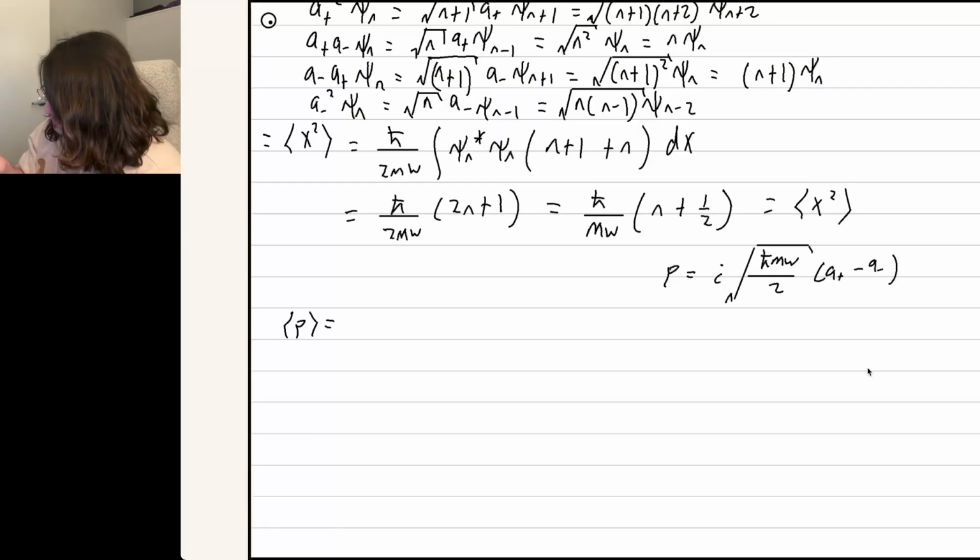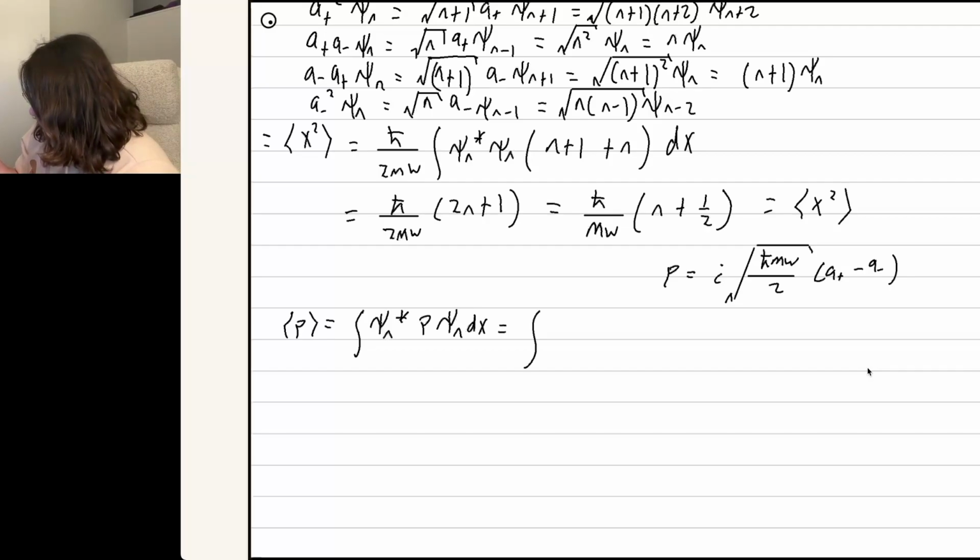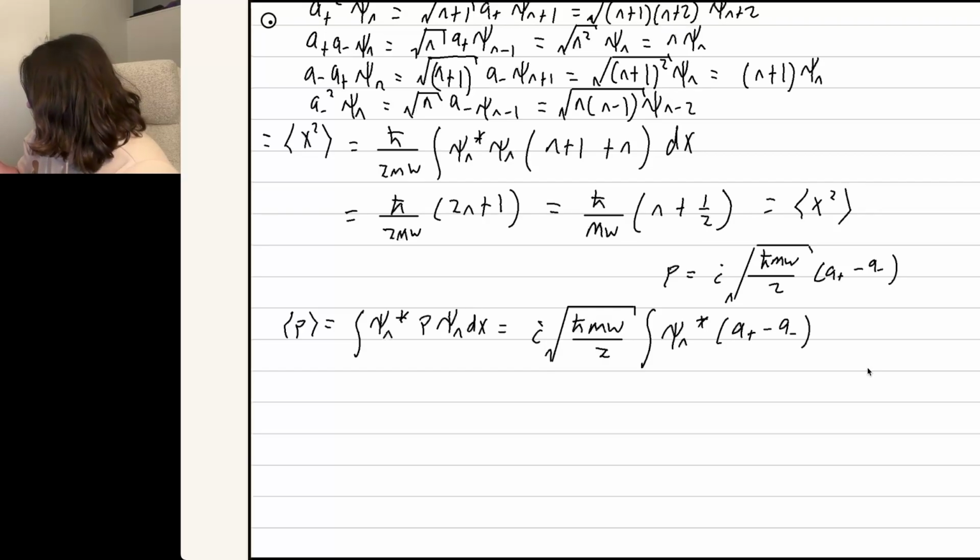So for p, it's the integral of psi n star p psi n dx, which is i times the square root of ħmω over 2, times the integral psi n star (a plus minus a minus) psi n dx.